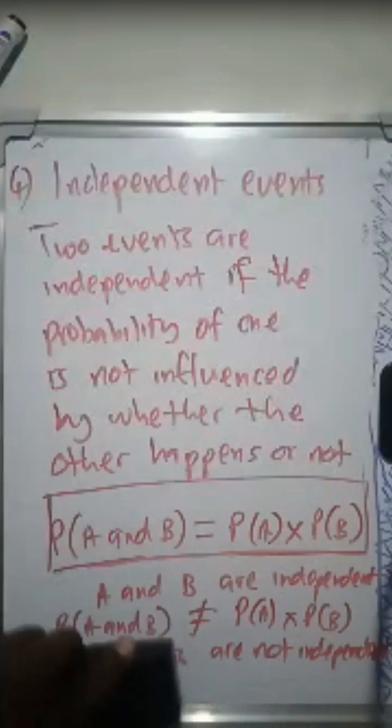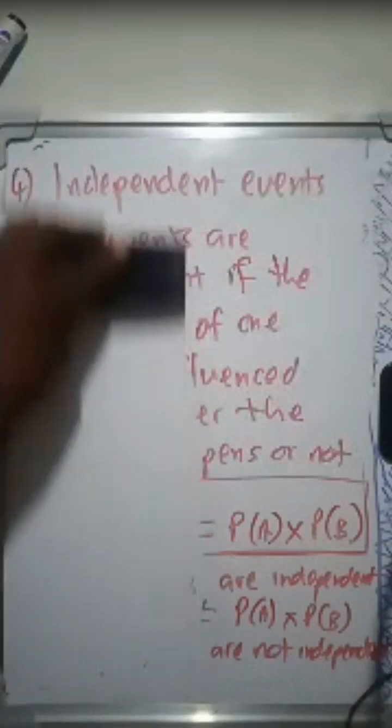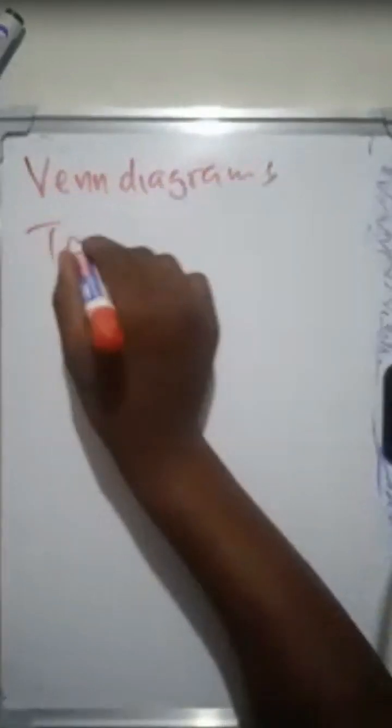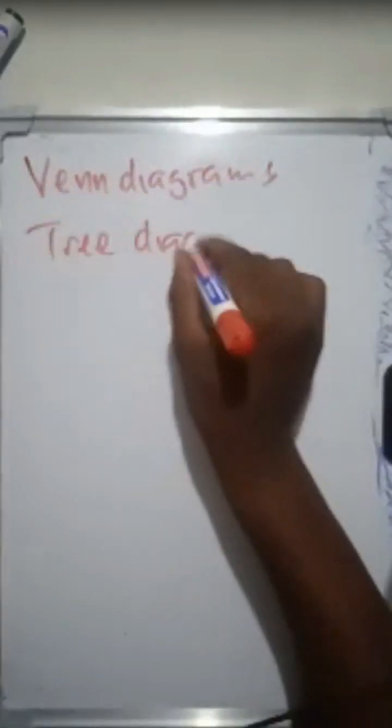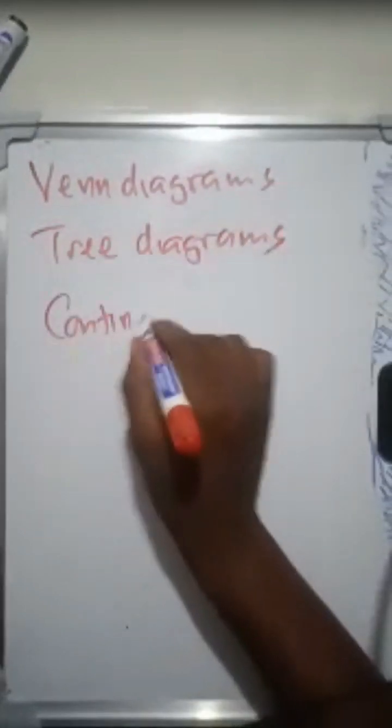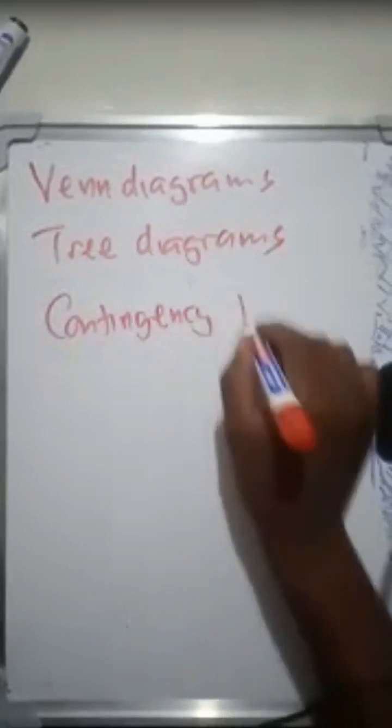Okay? So these are the rules that we have in probability. Now for the probability presentation, we have Venn diagrams, tree diagrams, and contingency tables.